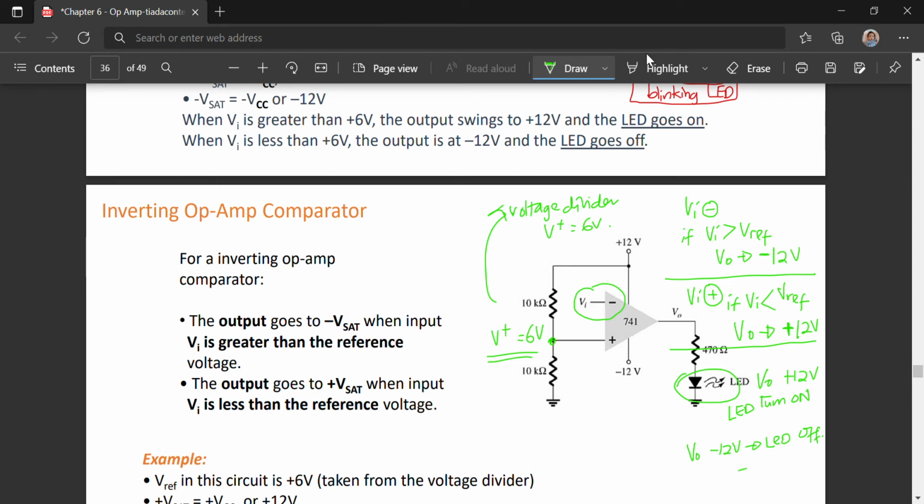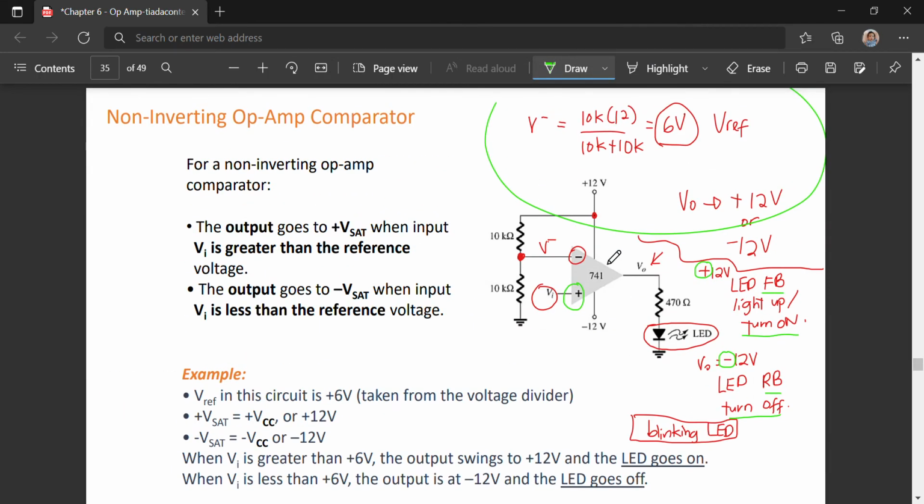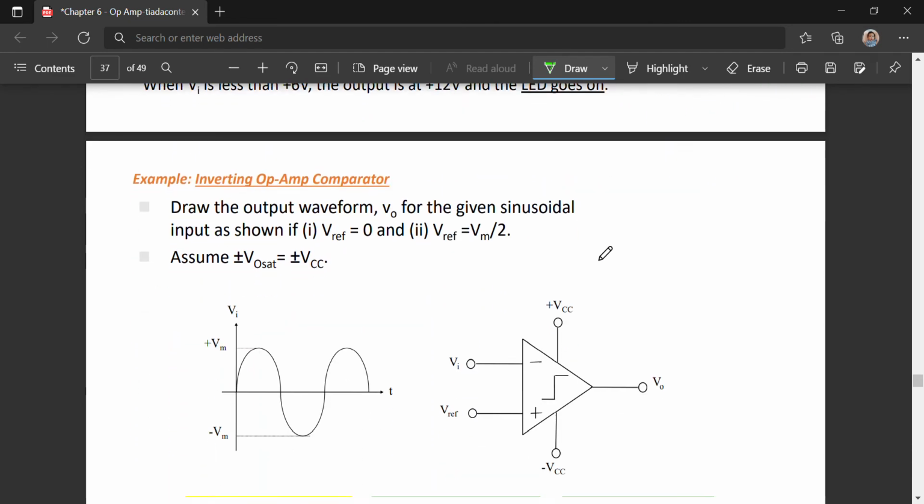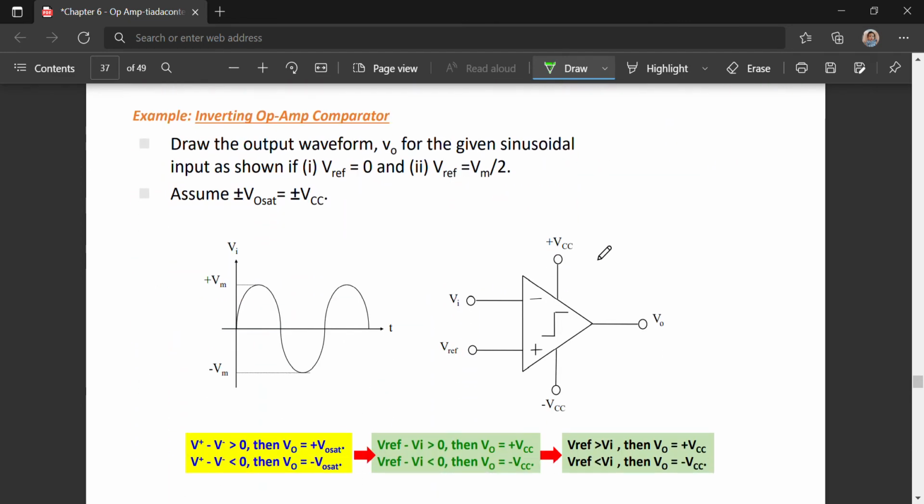However, when Vin is at the negative cycle, the Vout will be positive and the LED will turn on. Alright. So this is the same as what I have been explaining.